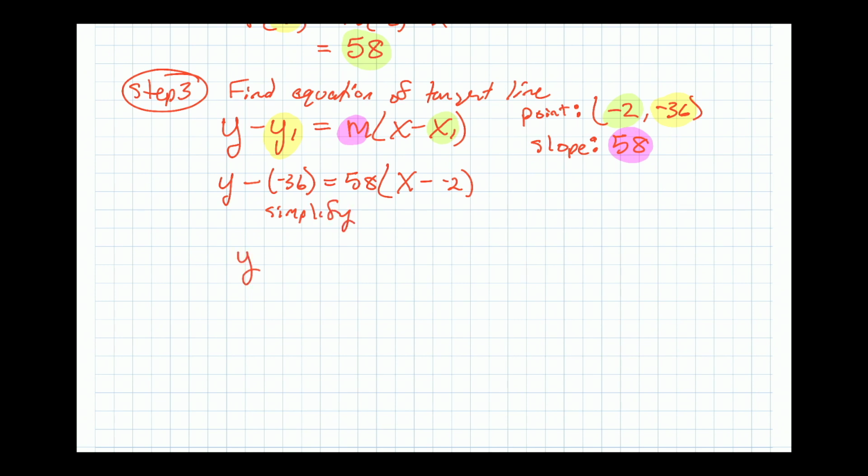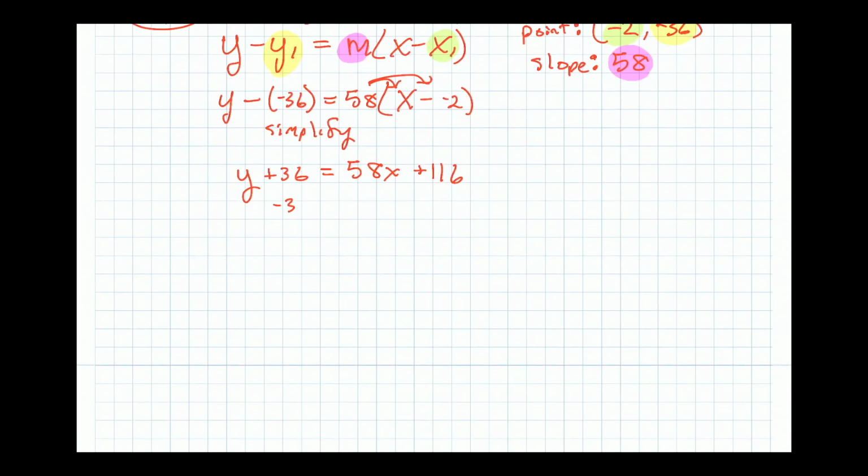So y minus -36 is y plus 36 equals, you have to distribute this 58. So 58x, and that's plus 2, right? X plus 2. What's 2 times 58? 116, I think that is. So I think that is plus 116.